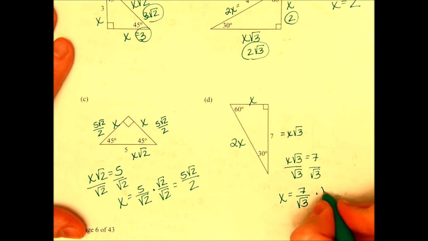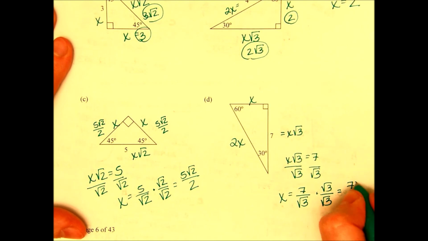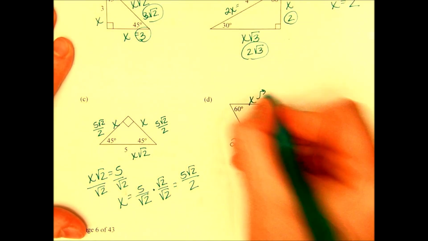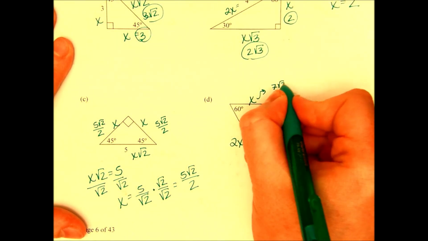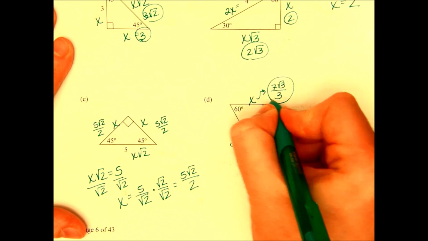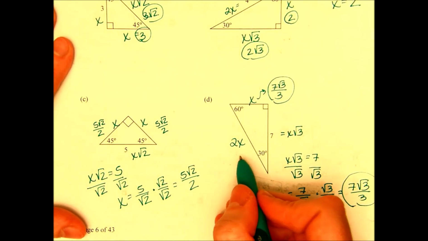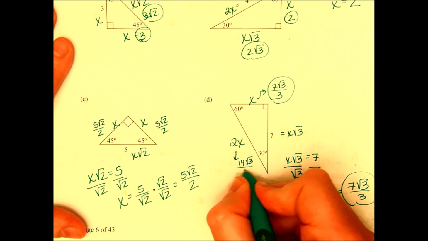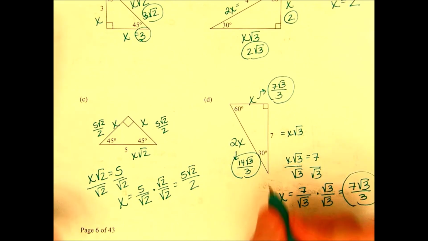Then I'll rationalize my denominator times root 3 over root 3, and I'm going to get 7 root 3 over 3. Which tells me that this side over here is 7 root 3 over 3. And 2 times that, well, that's just going to give me 14 root 3 over 3.